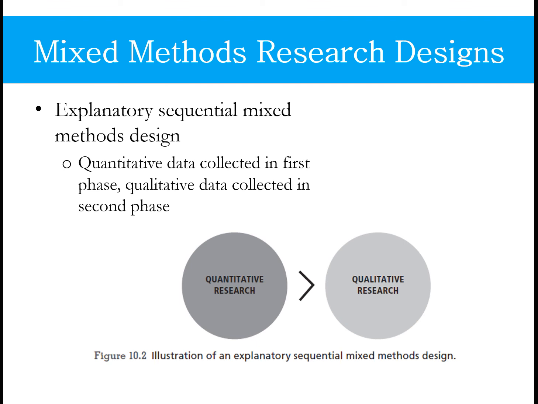This is when quantitative data is taken first, followed by qualitative research. And it's explanatory because the qualitative research, which is often, let's say, an interview or focus group, gives you information to help explain some of the quantitative results.